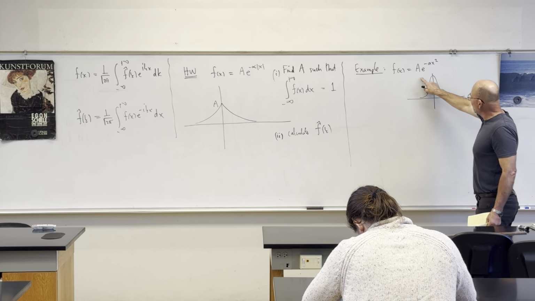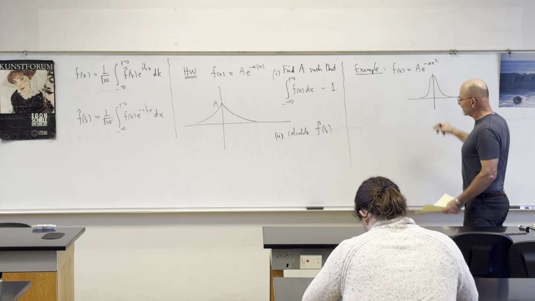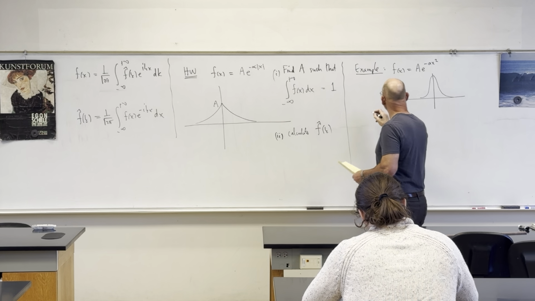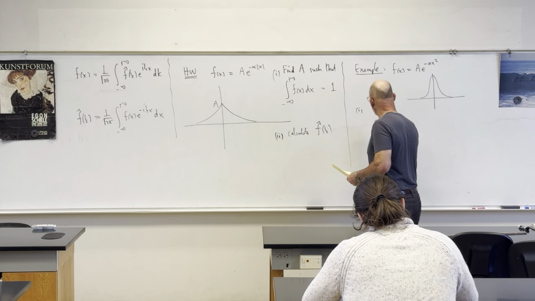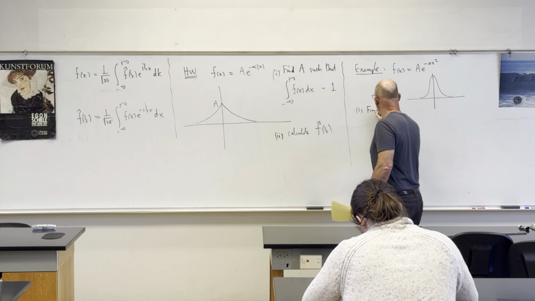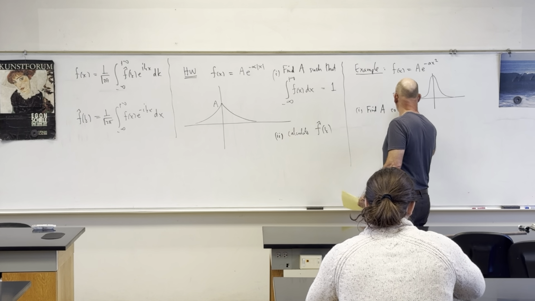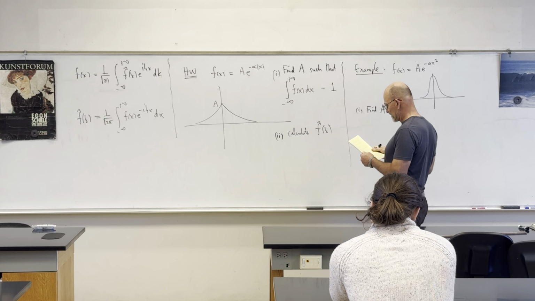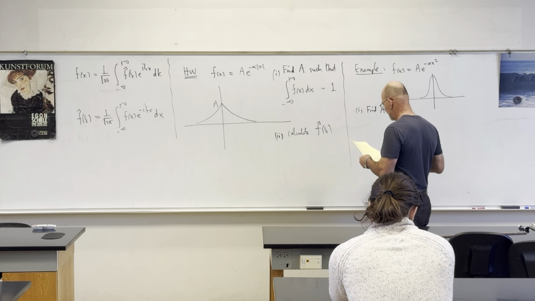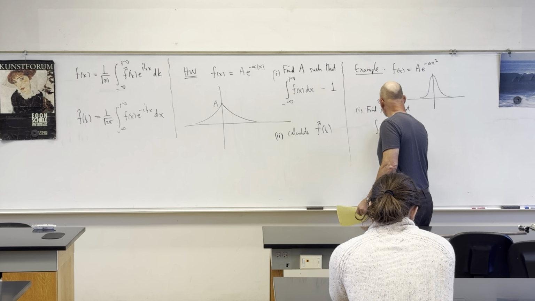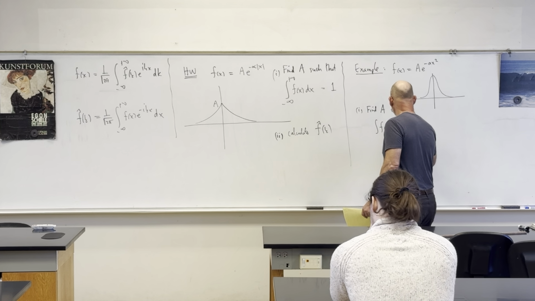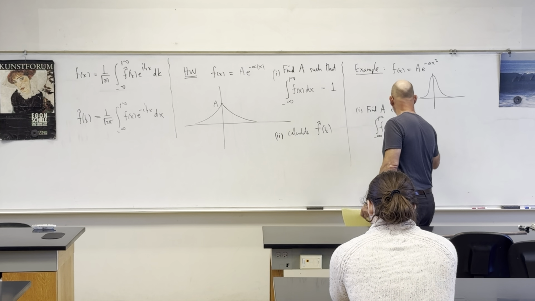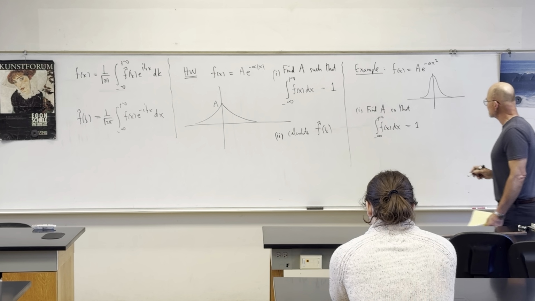So what we want to do first is find A so that this thing is normalized. Same as before, find A so that the integral of f of x dx from minus infinity to plus infinity is equal to 1.